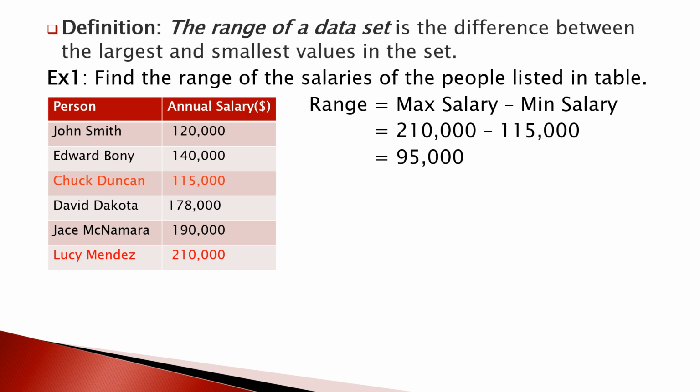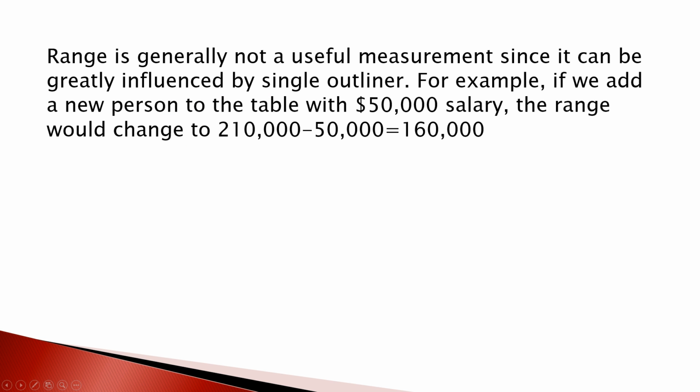So the question is, can we use the range of a data set in a broader sense? The answer is no. And we can easily see why, because the range is greatly influenced by the outliers. For example, let's change the minimum salary to 50,000, then see what will happen.